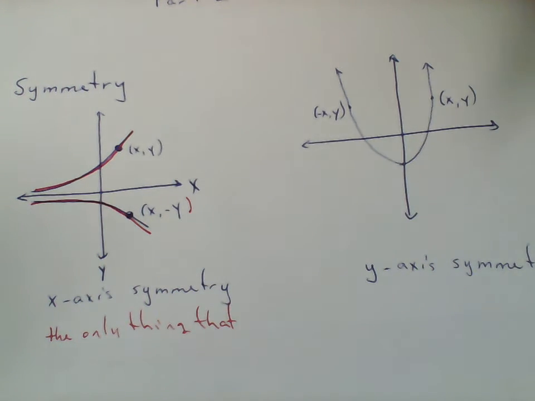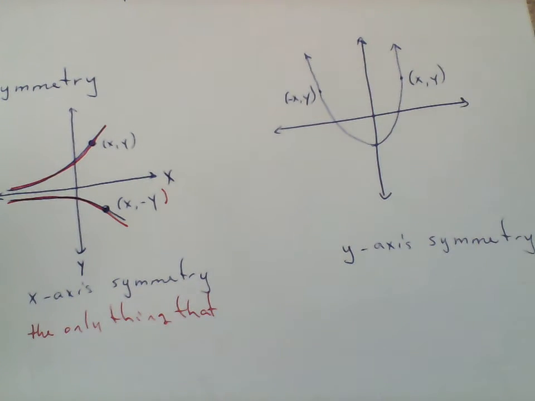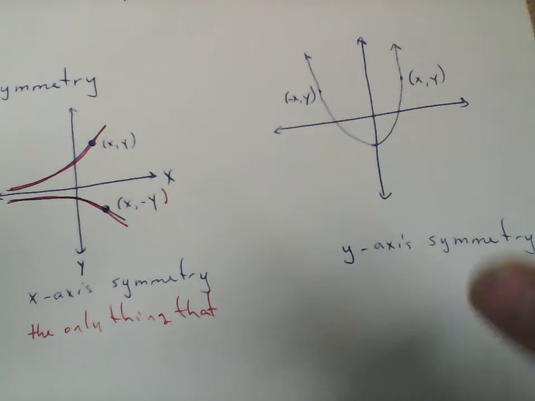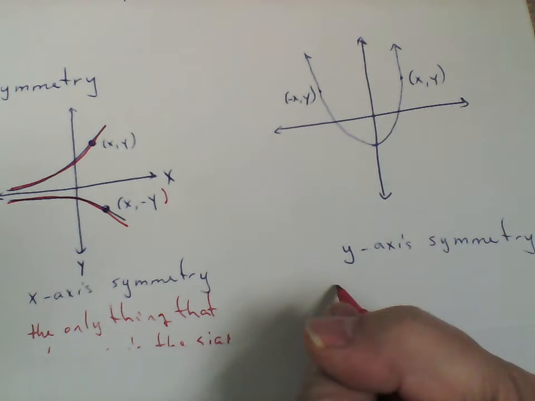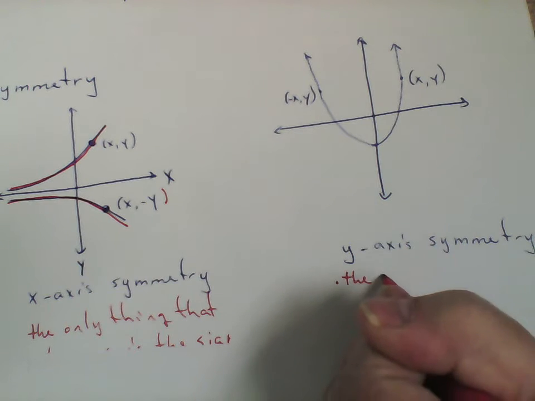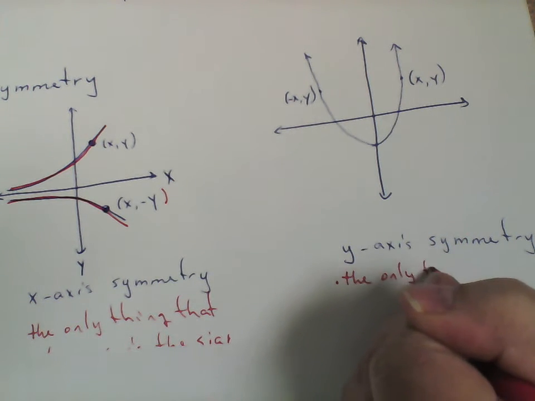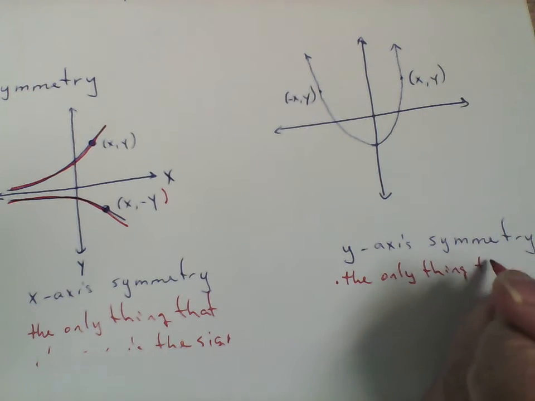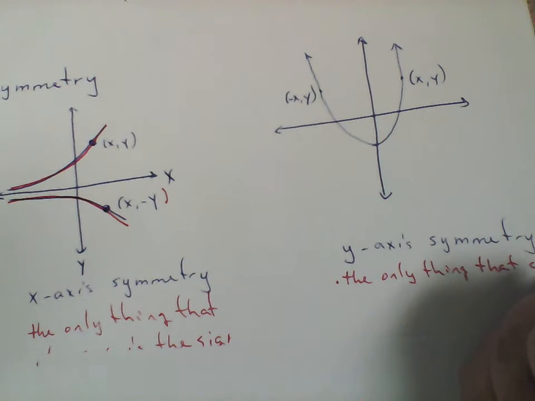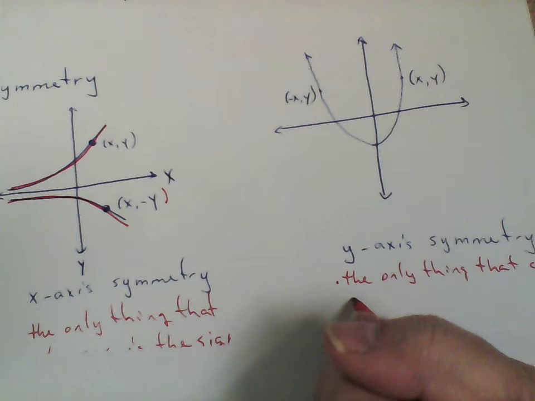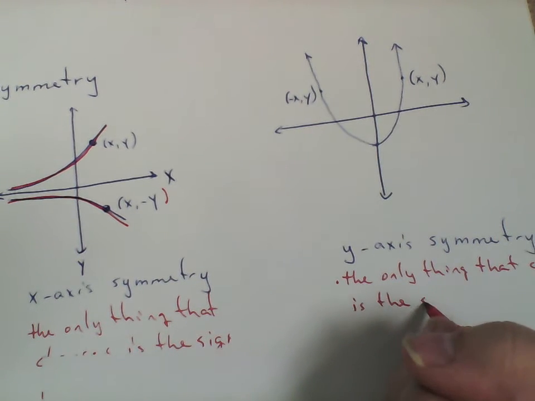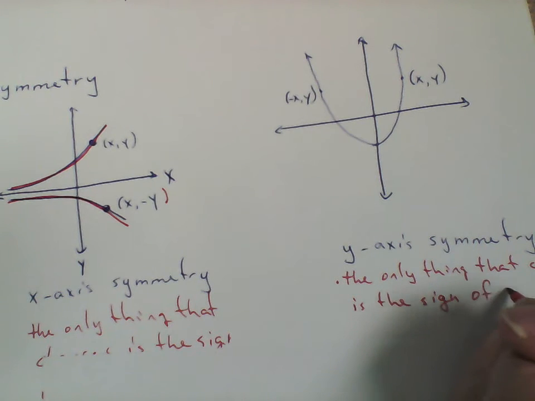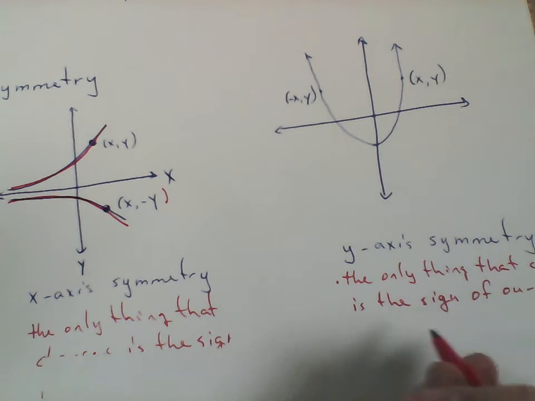The only thing changing in a y-axis symmetry would be the sign of our x value, right? So for y-axis symmetry, the only thing that changes is the sign of our x value, right?